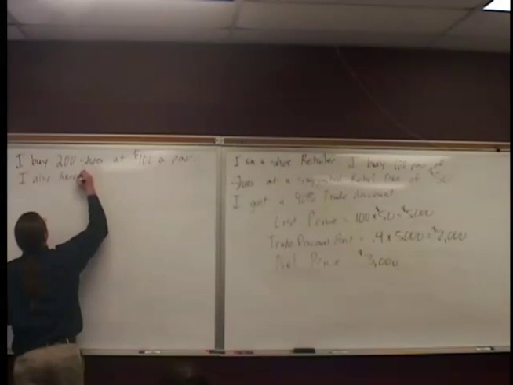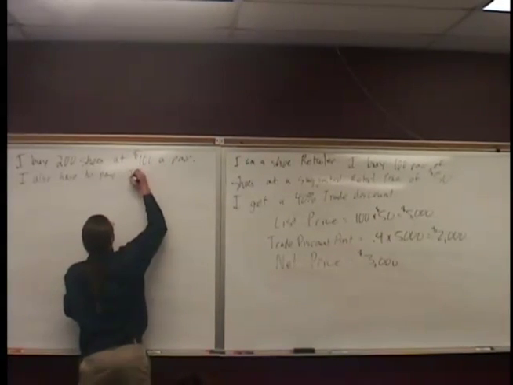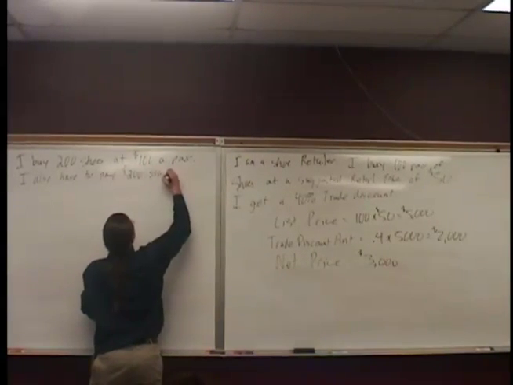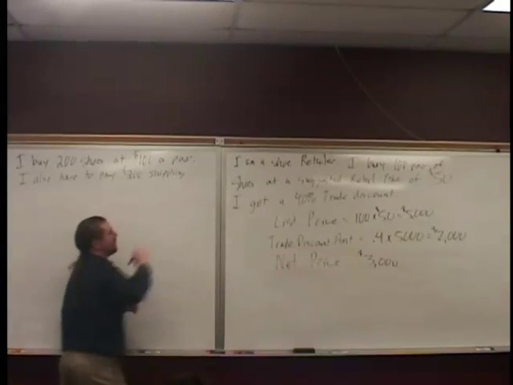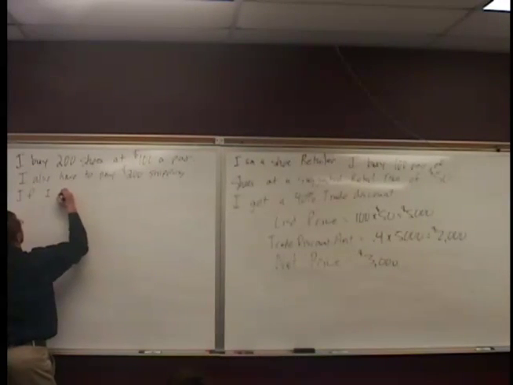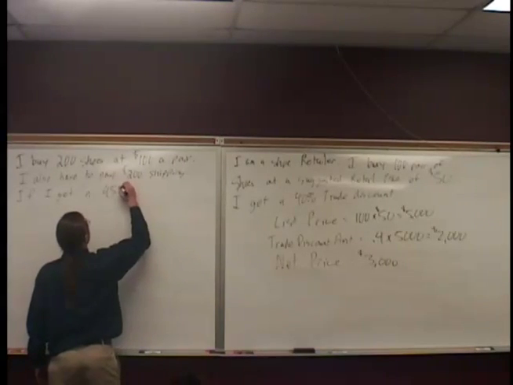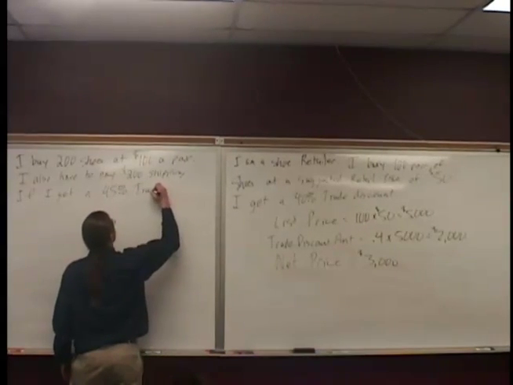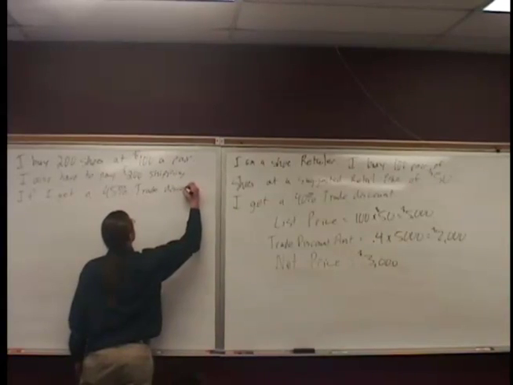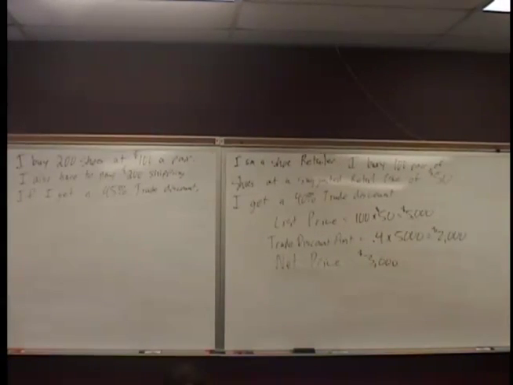I also have to pay $200 shipping. If I get, let's say I got a 45% trade discount, now give me the standard list price, trade discount amount, net price.